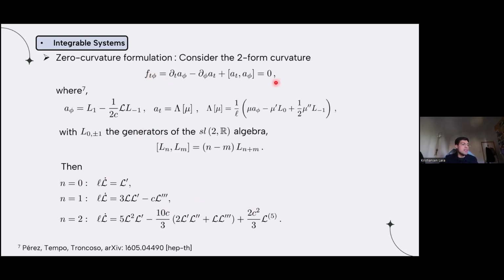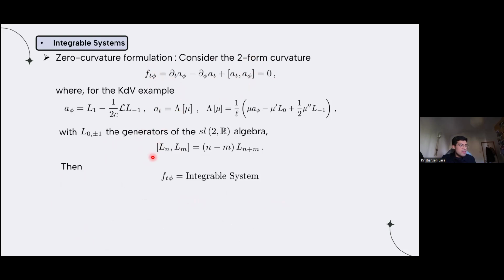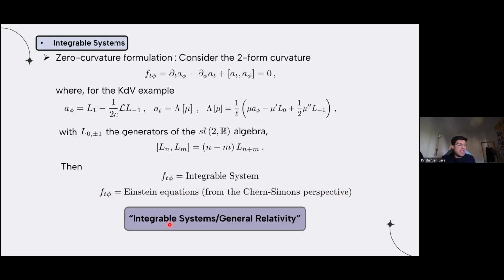Because after some transformations, F_t phi equals 0 is nothing but the Einstein equations in the Chern-Simons formulation. So because F_t phi is an integrable system and F_t phi is the Einstein equations from the Chern-Simons perspective, that's the reason why we are saying that we're working with integrable systems and general relativity.